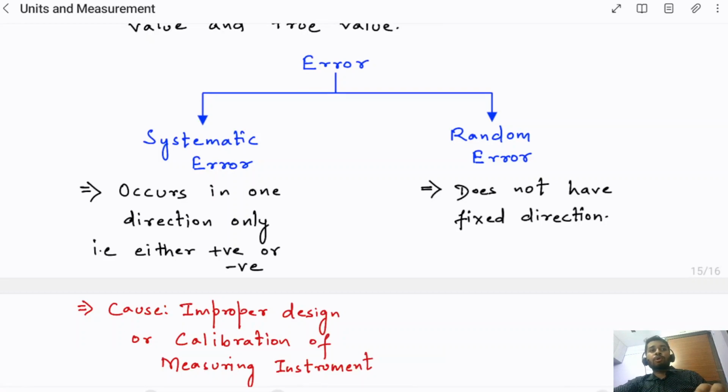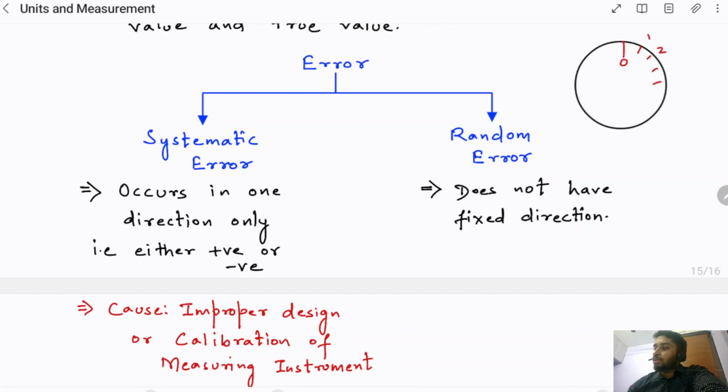Meaning, if you have not taken any measurement, for example, if you take an ammeter in 10th standard, you all might have conducted Ohm's law experiment, in which we get a big box shaped ammeter with readings like 0, 1, 2, 3, 4, and similarly on the left side as well.